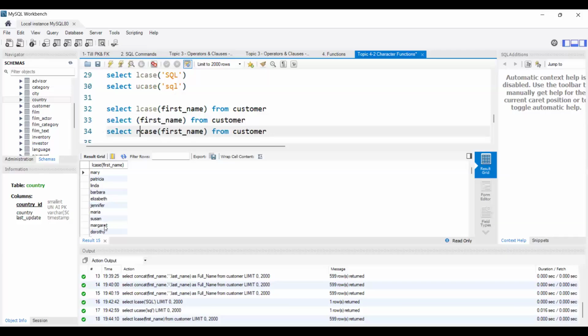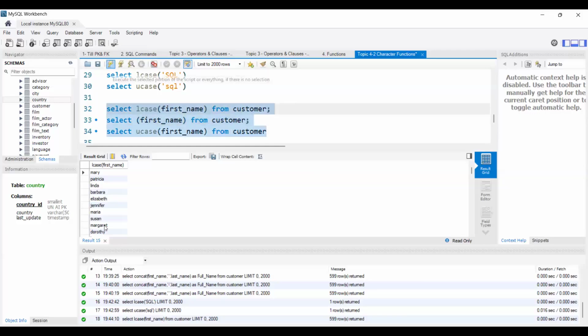As I said previously, if we want to execute all of the statements together, we need to mention a semicolon here. Whenever SQL sees a semicolon, it will understand this is one executable statement, the end of the SQL statement, and in the next line a new statement will start. I explained this already, right? Whenever we are executing all the statements together, we need to write a semicolon at the end of each statement.